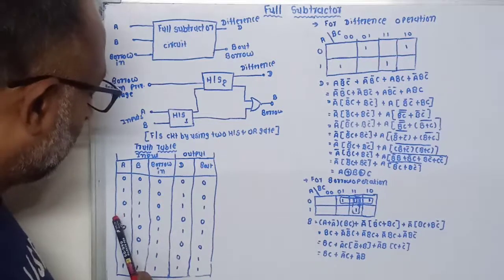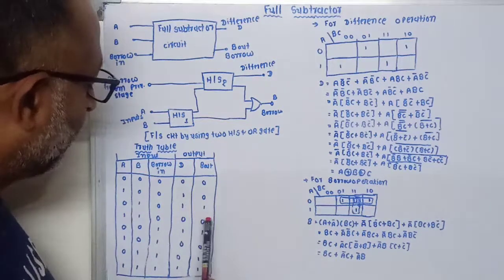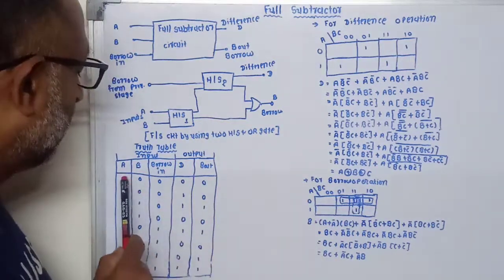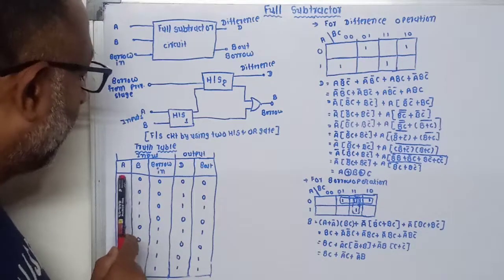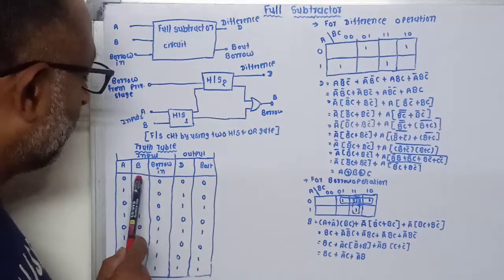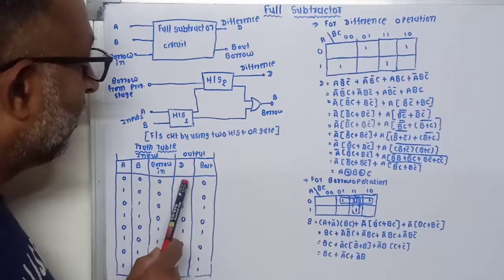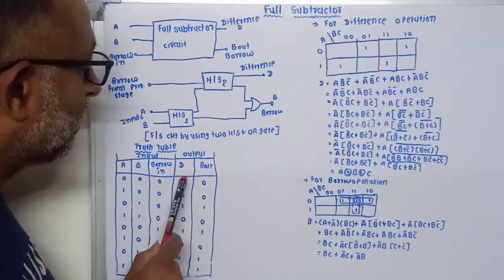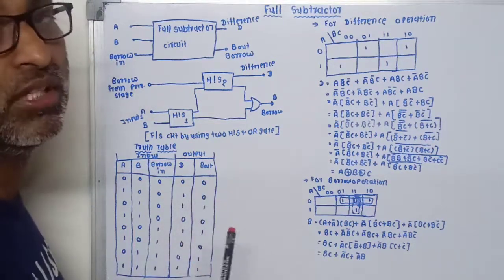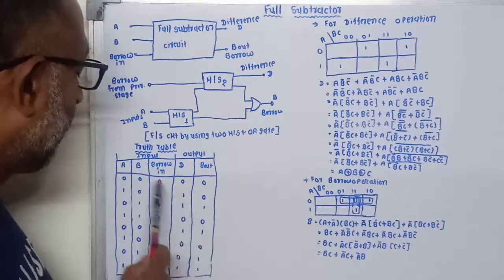Here is the first table, which includes borrow 0, and when A B is 0 and borrow is also 0, we get difference D 0 as well as borrow out 0. That means no borrow occurs.